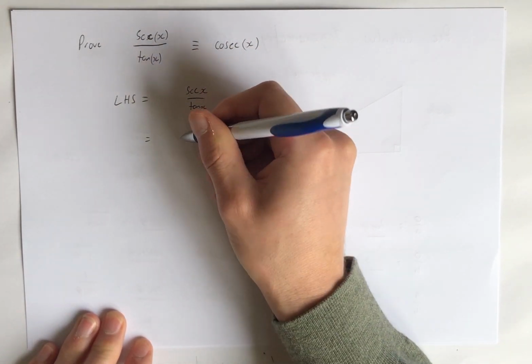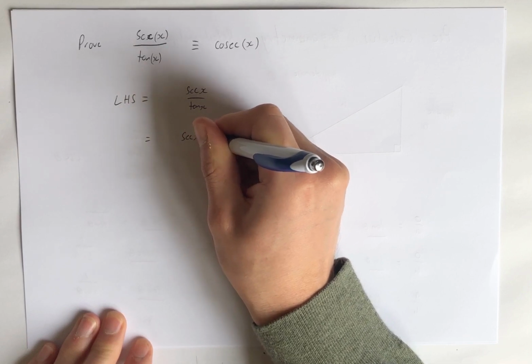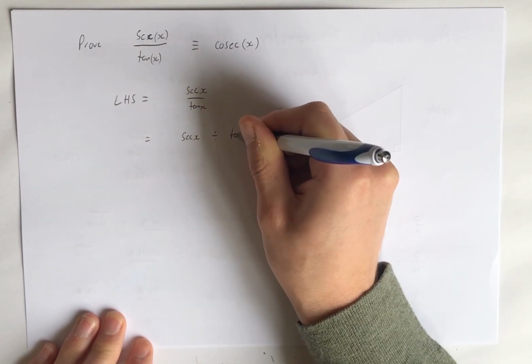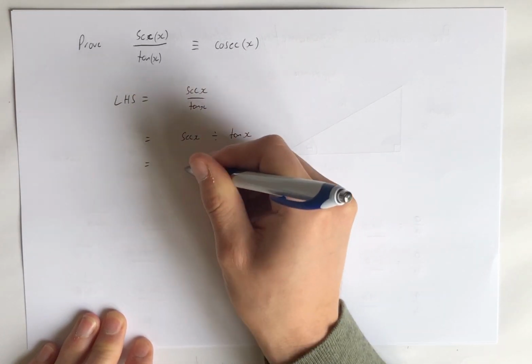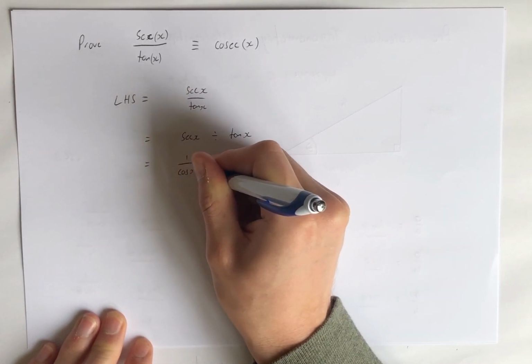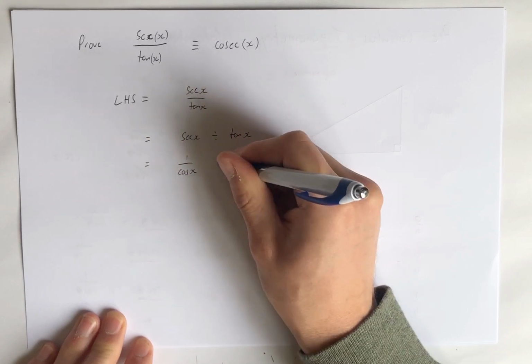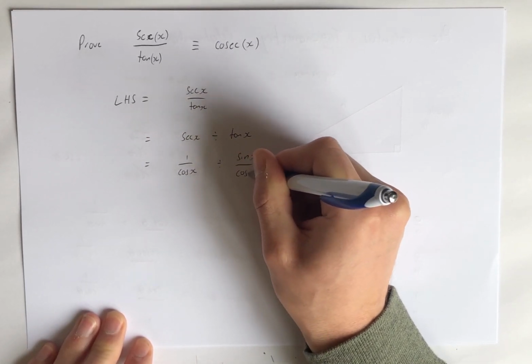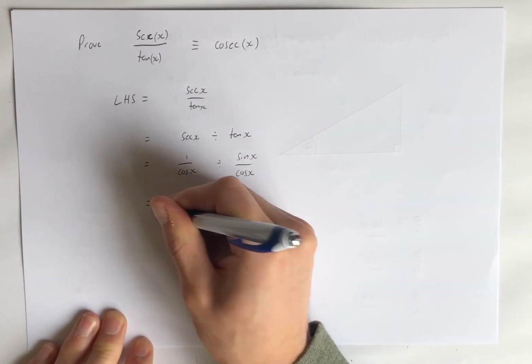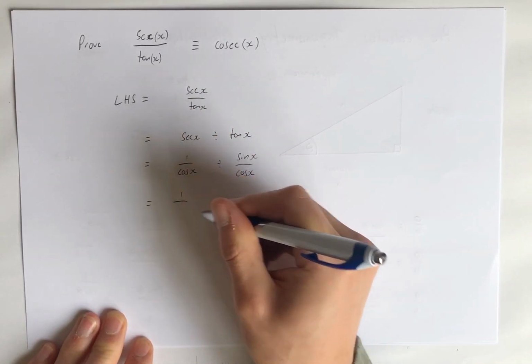Well, that's equal to sec x, and I just like to do this little step, sec x divided by tan x. Well, sec is 1 over cosine x, and that's dividing by sine over cosine. And that's equivalent to timesing by the reciprocal.